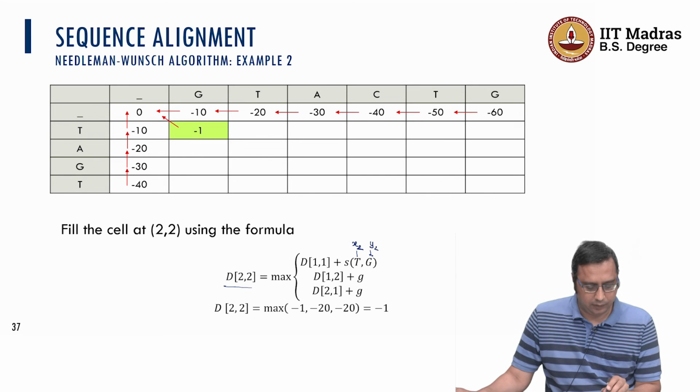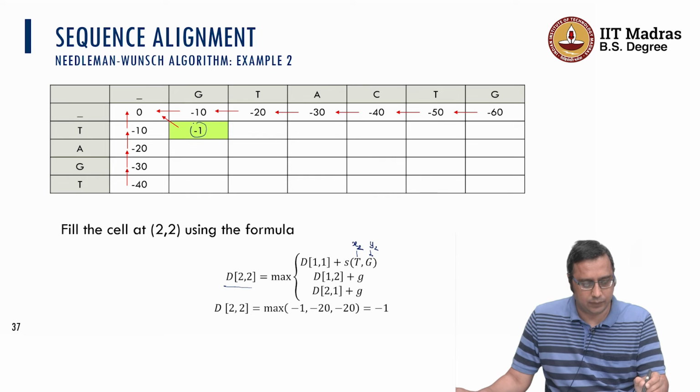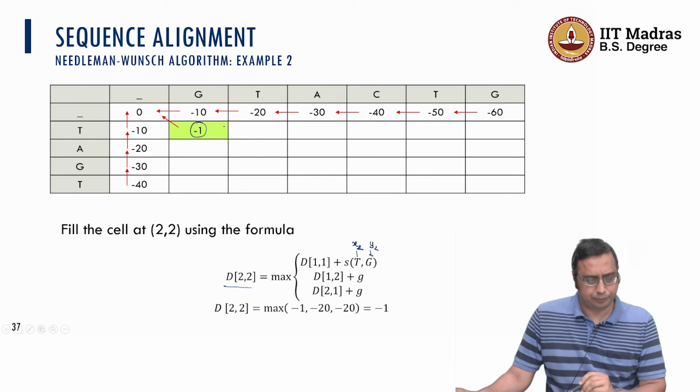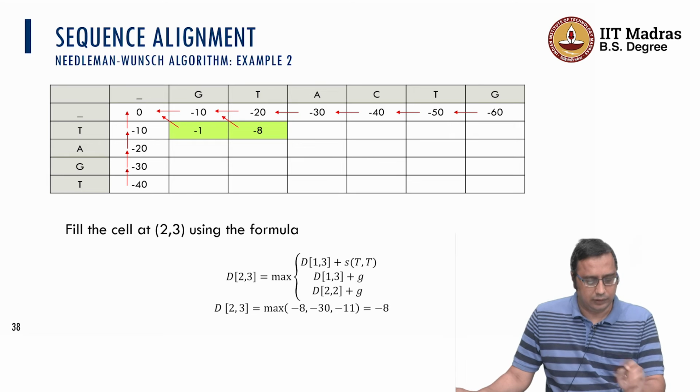So here we have a mismatch penalty. D11 has a score of 0, so -1, -20, -20, and we got -1, and hence we have -1 as a value.